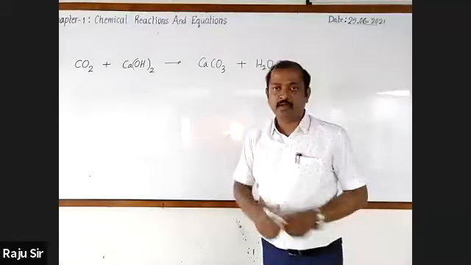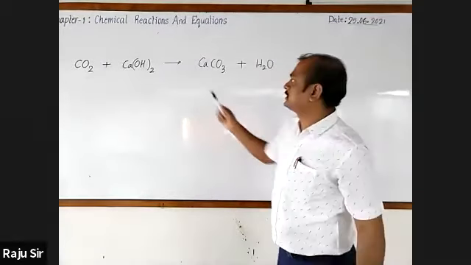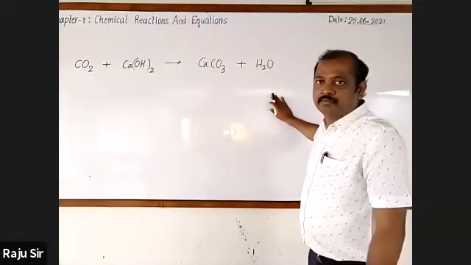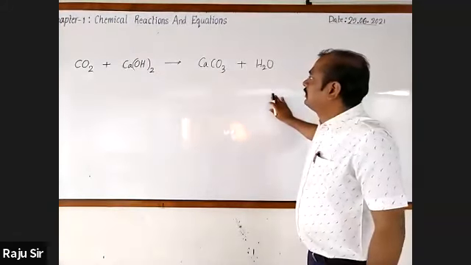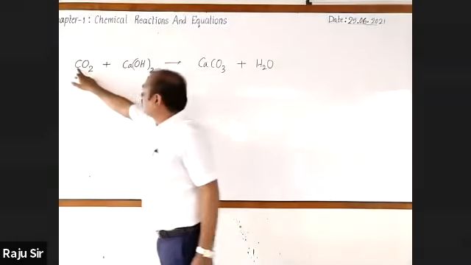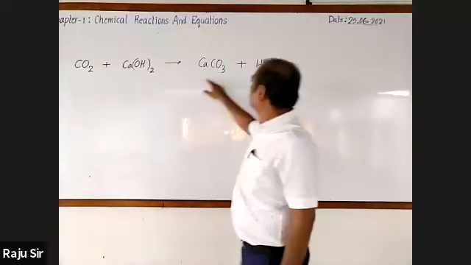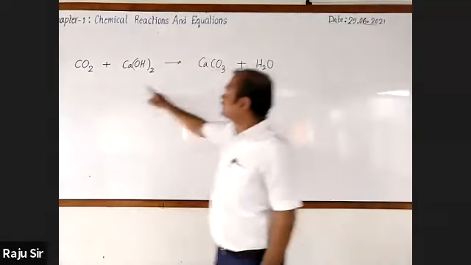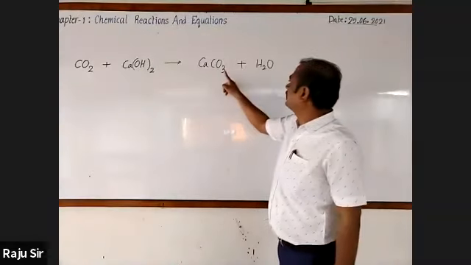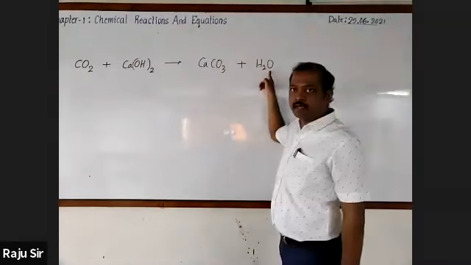Students, just observe this chemical equation and tell whether it is balanced. Let us check one by one. Carbon, one atom, here one atom. Oxygen, 2 plus 2, 4 atoms; oxygen, 3 plus 1, 4 atoms.